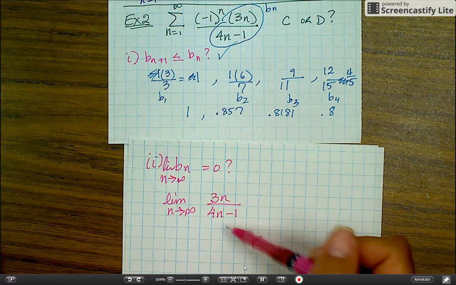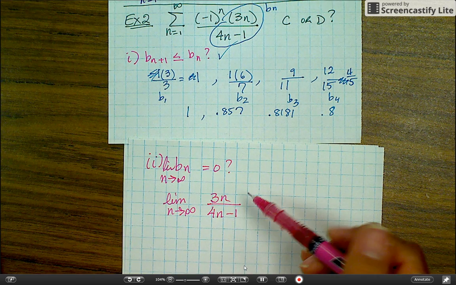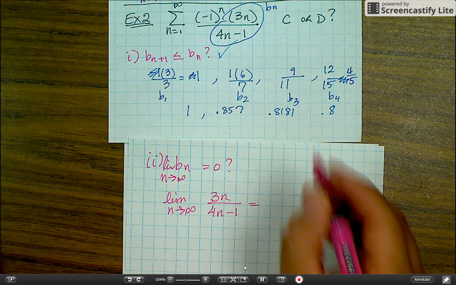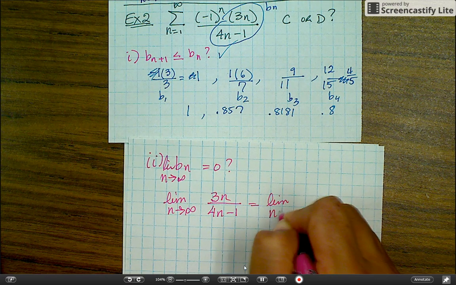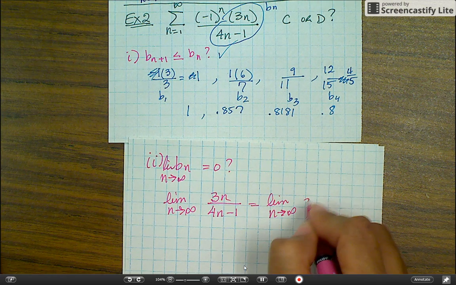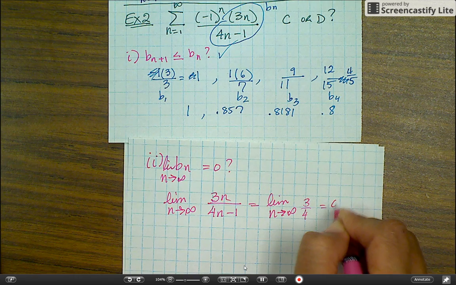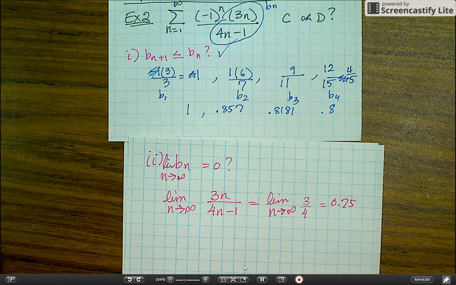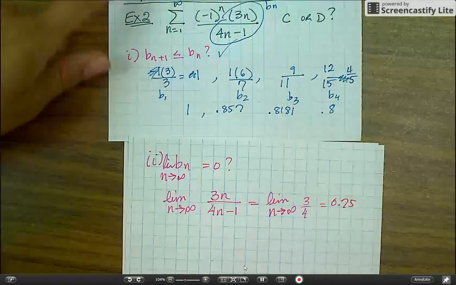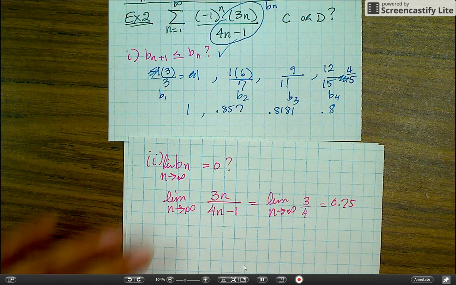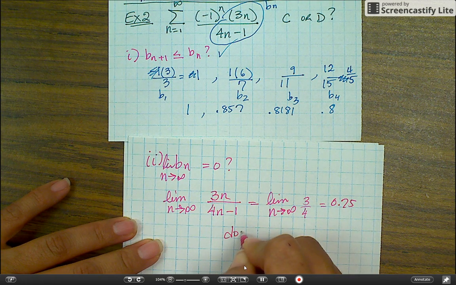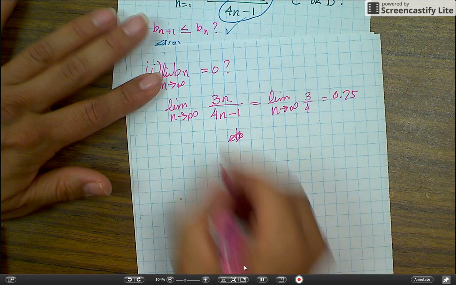We have done this enough times where we know we can divide by the highest degree in the denominator, or even do L'Hopital's rule. So does this go to 0? No. Therefore, we cannot apply the alternating series test.